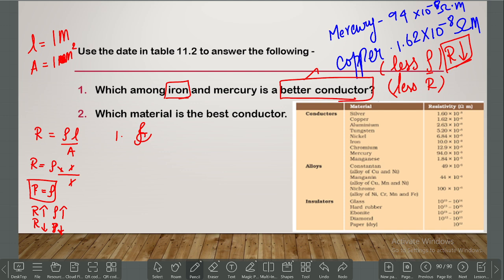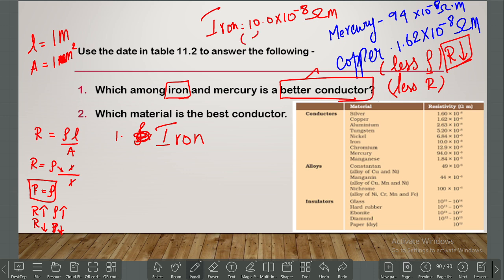Which one is going to act as a better conductor over here? Iron. In the question they gave iron, right? The resistivity of iron is 10.0 into 10 to the power of minus 8 ohm meter.